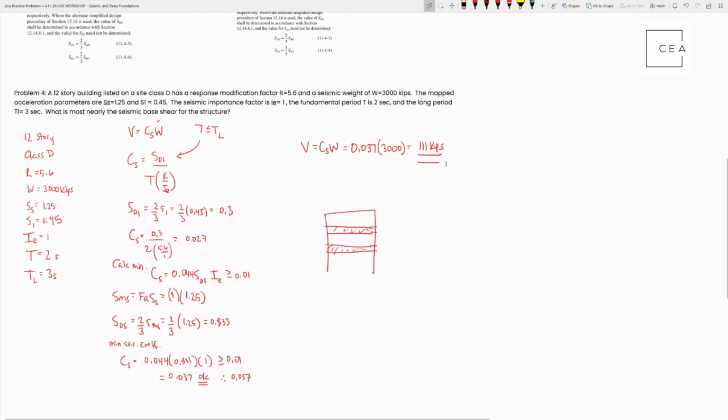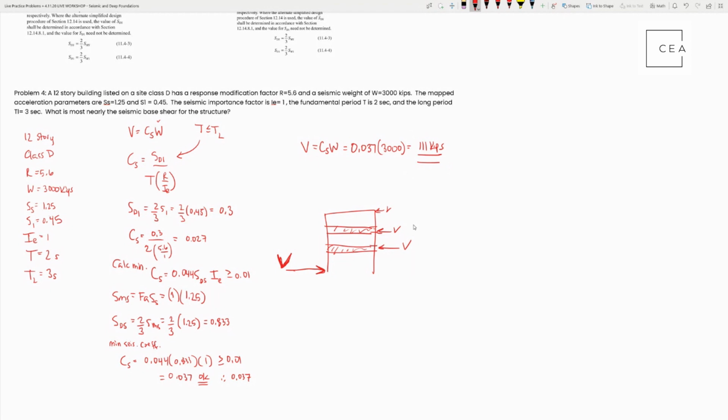So if you were to draw a big arrow at the bottom of that building that you've got there, and label that V, then you could draw little arrows on every story going up the building, and they'd be in the other direction, Isaac, right? Because they'd be reaction. So all those little V's that are being imposed at every story, all those add up to the big V, which is the base shear. That's the big V.